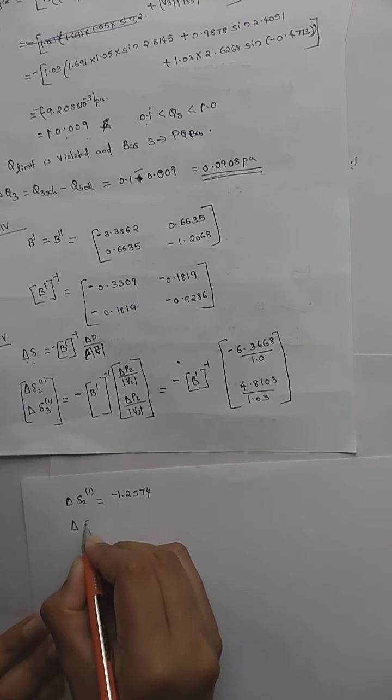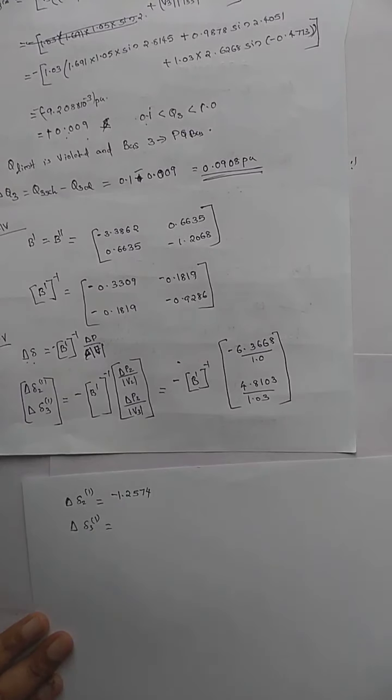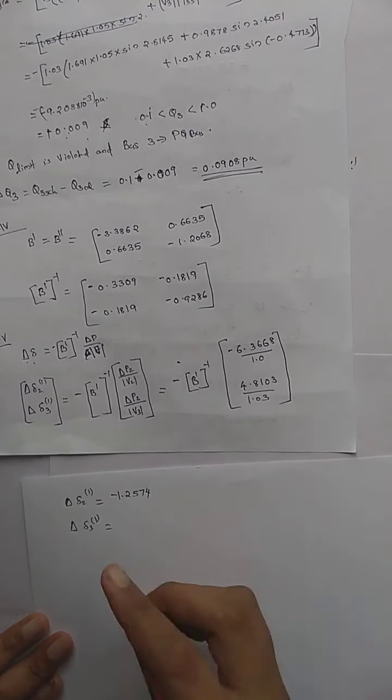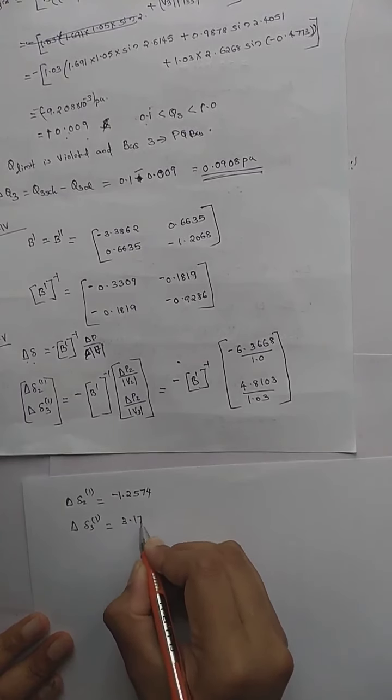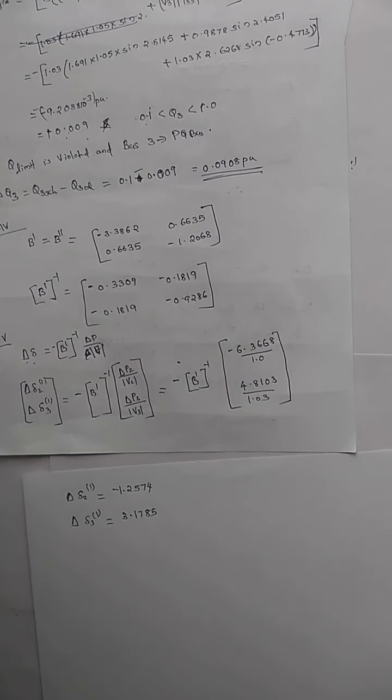So delta 3 of the first iteration is equal to 3.1785. Okay, so these are the two values we got for our delta 2 and delta 3.